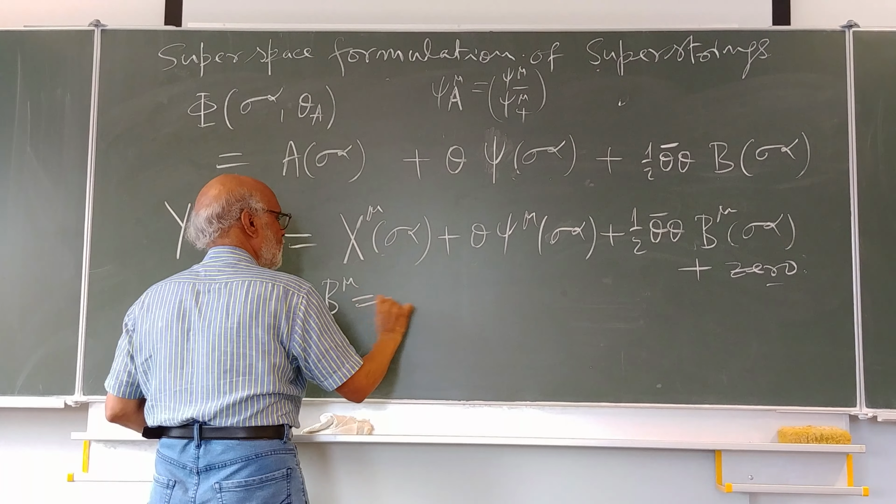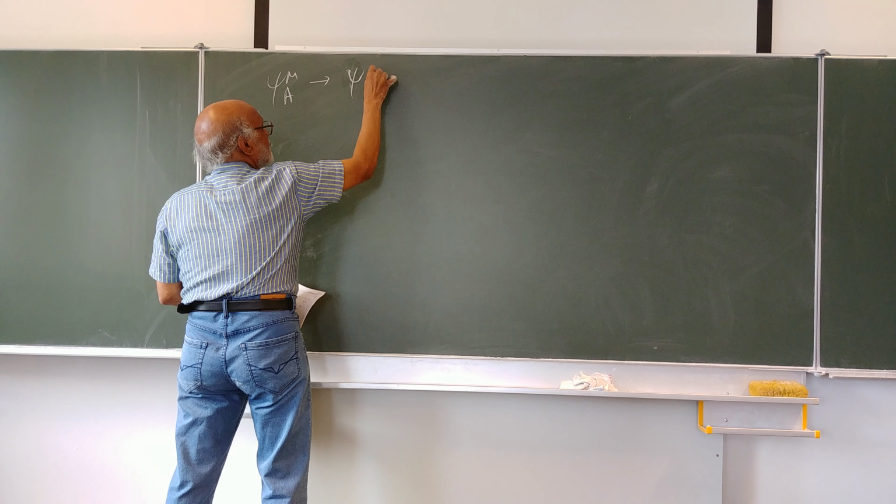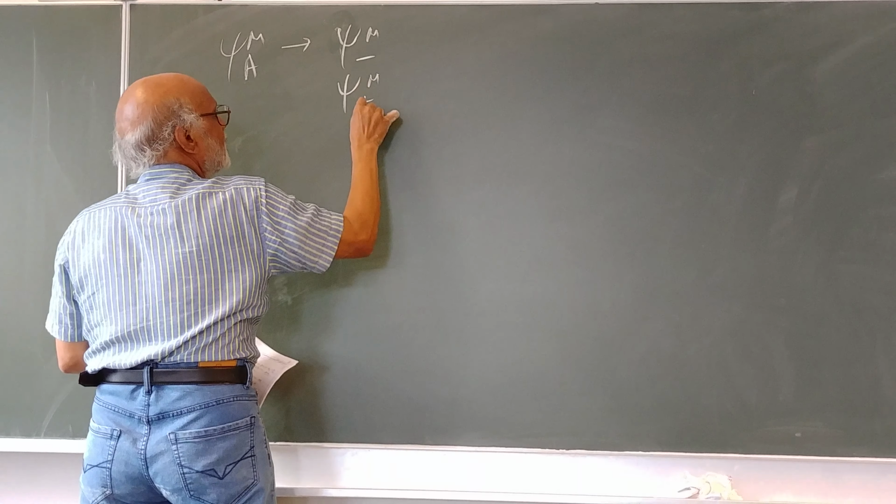Okay, now let's have a look at the following things. One thing we have made sure is our psi mu A, which is psi minus, psi plus, my theta A would be theta minus, theta plus.